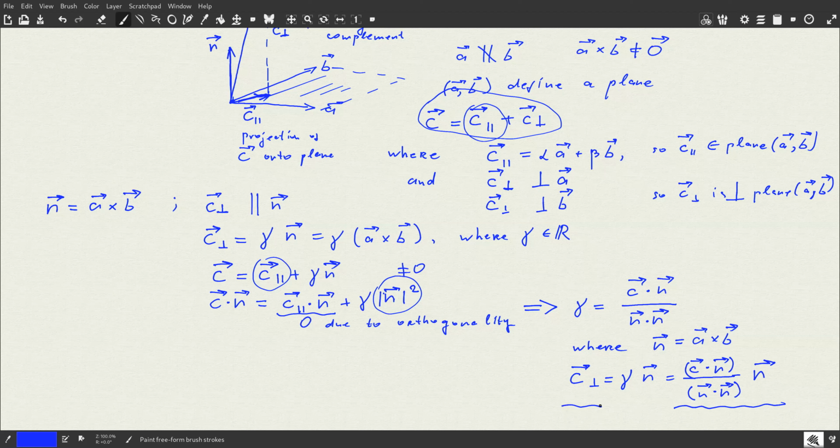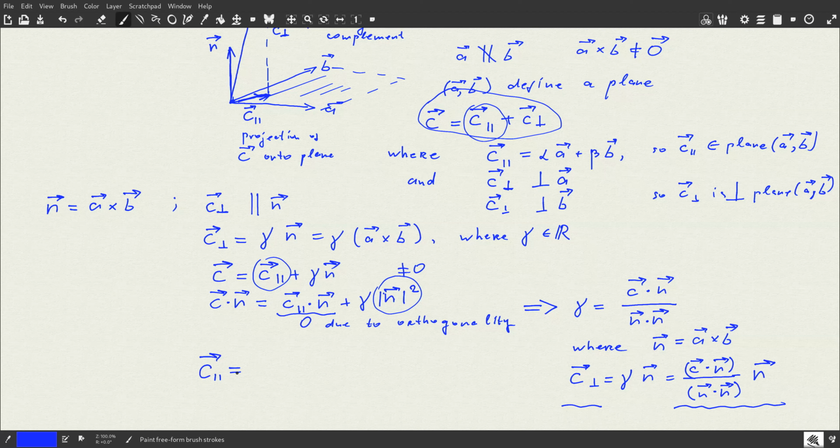And it remains to find out the C parallel. How do we construct the C parallel in this case? The C which is in plane, the projection to the plane itself. It's like the difference between C and C orthogonal.